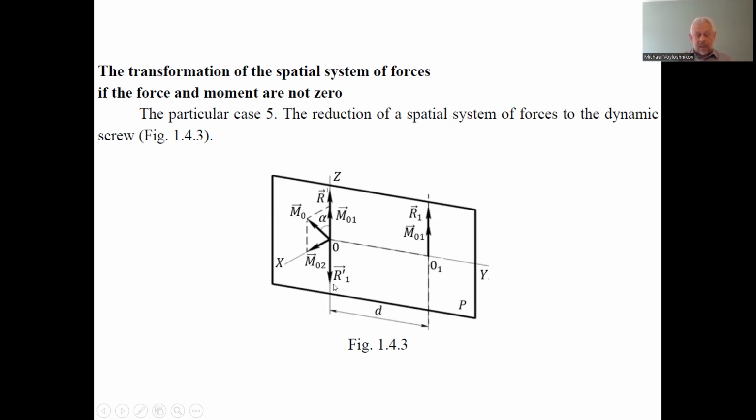One is R stroke 1 and the second one is R1.